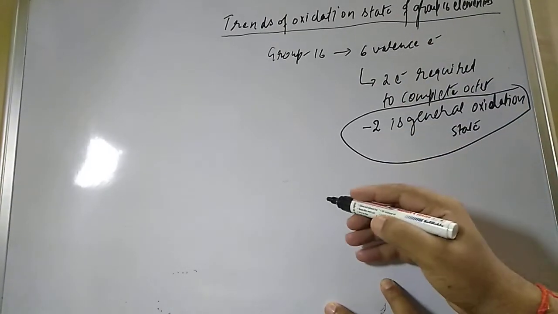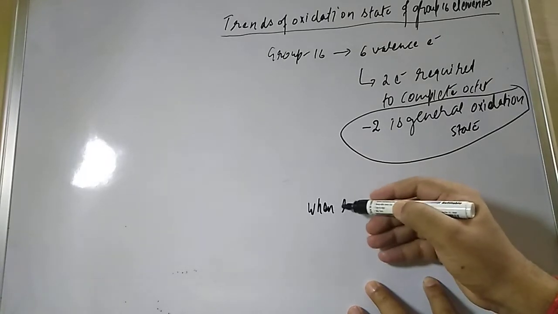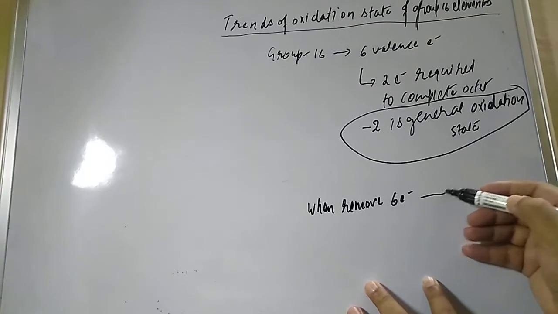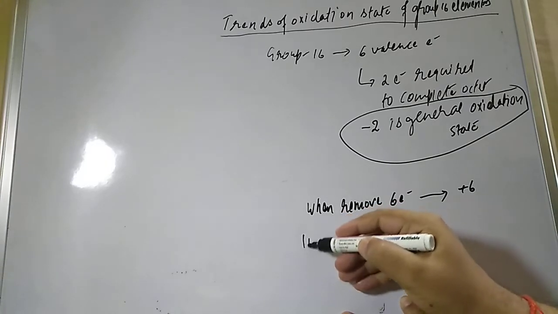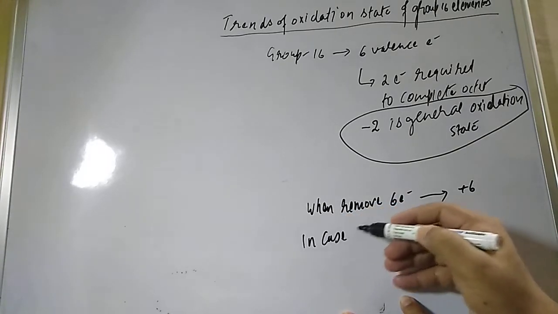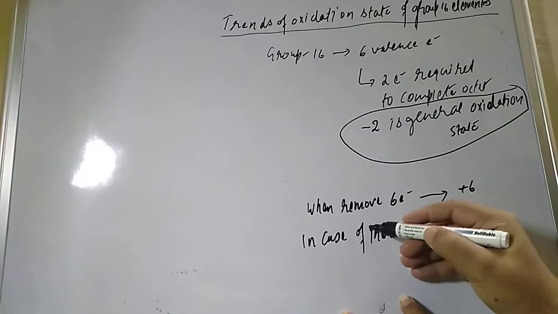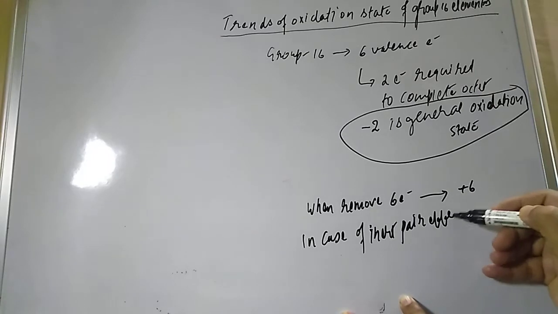When it removes 6 electrons, it will show plus 6. In case of the inert pair effect, friend, what is the inert pair effect?